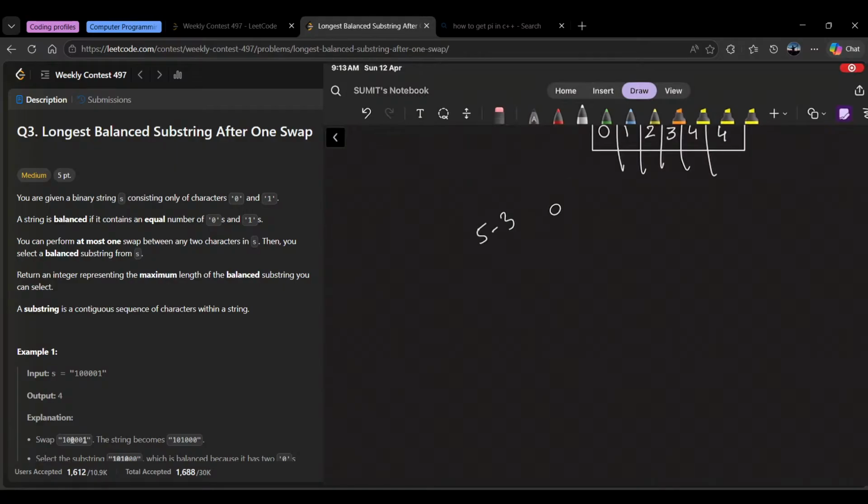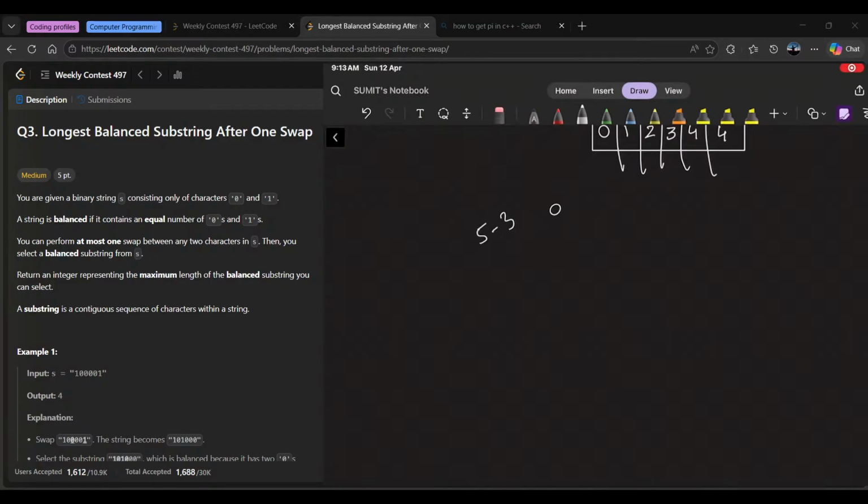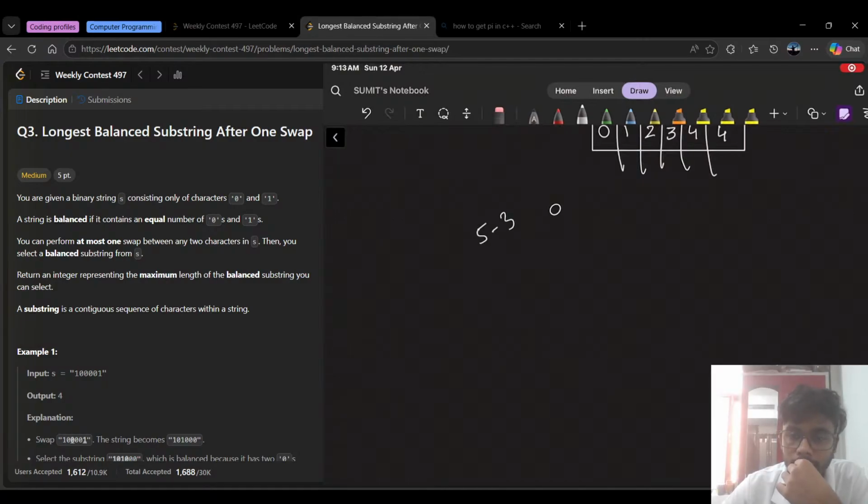What's the issue in the code? Why is its camera off? Come on, go on. 0 count. Okay.